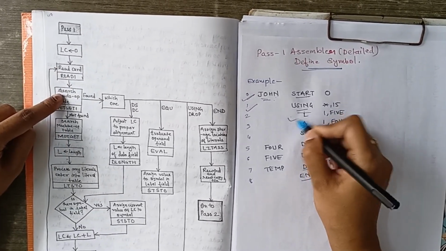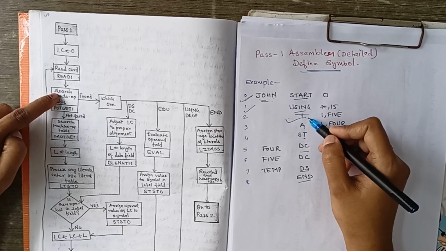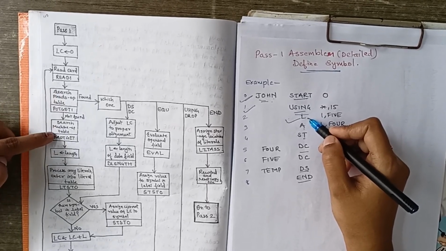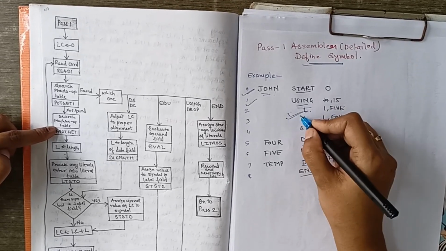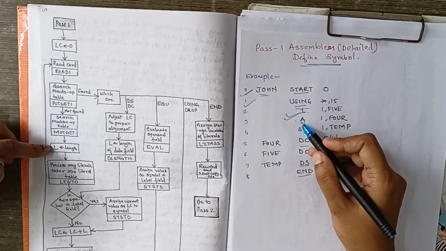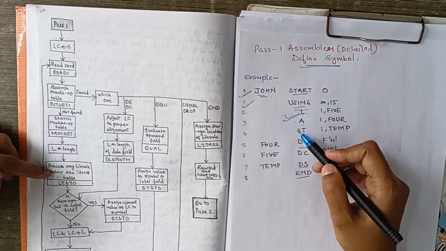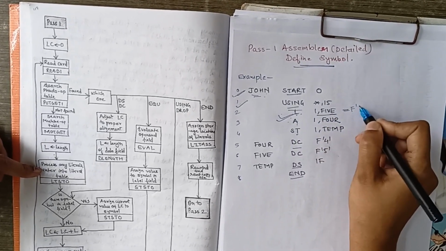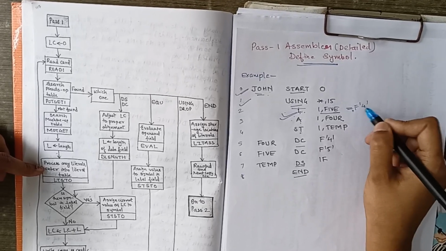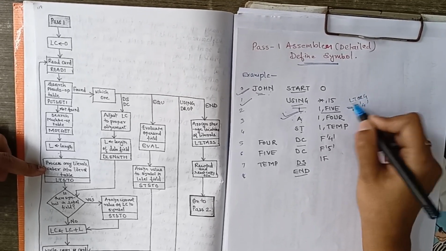Then in the next statement L is there, so a pseudo is not present. It will jump to the search machine op table, and in the machine op table the L gets stored, and then the length is provided to that L, and it will check for literals. As we already saw, literals always contain the equal to sign, or they get stored into the literal table.